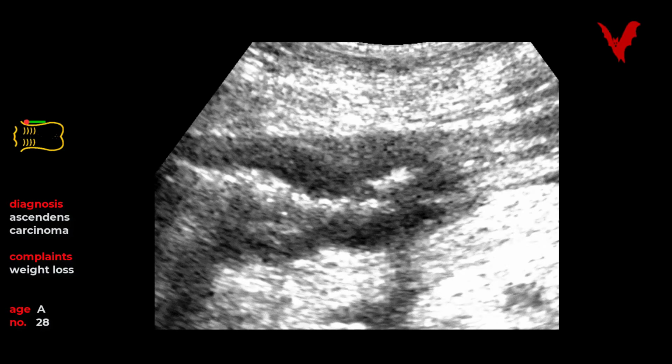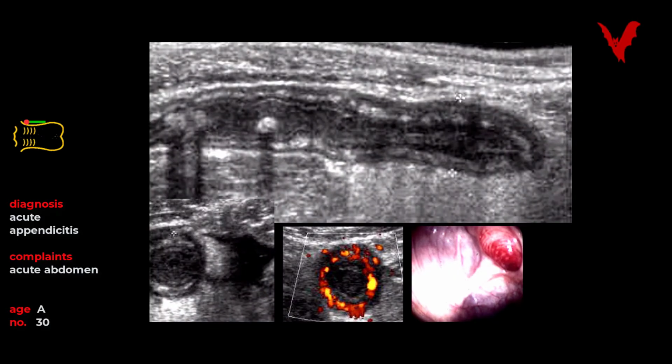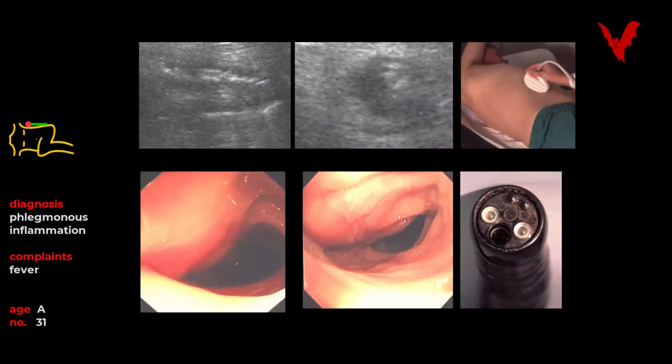Ascending colon carcinoma, so to say the old women carcinoma, as Professor Johan Sporea in Romania notes. Acute appendicitis with all clinical features wanted, once it is up, right down, and once it is downside.